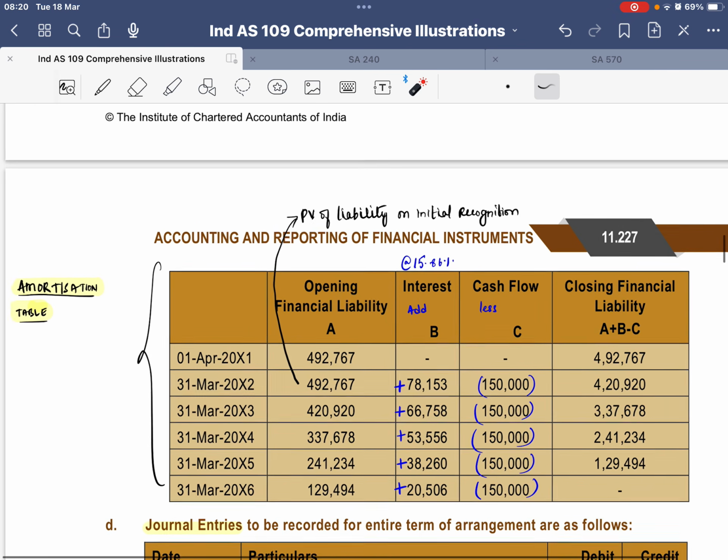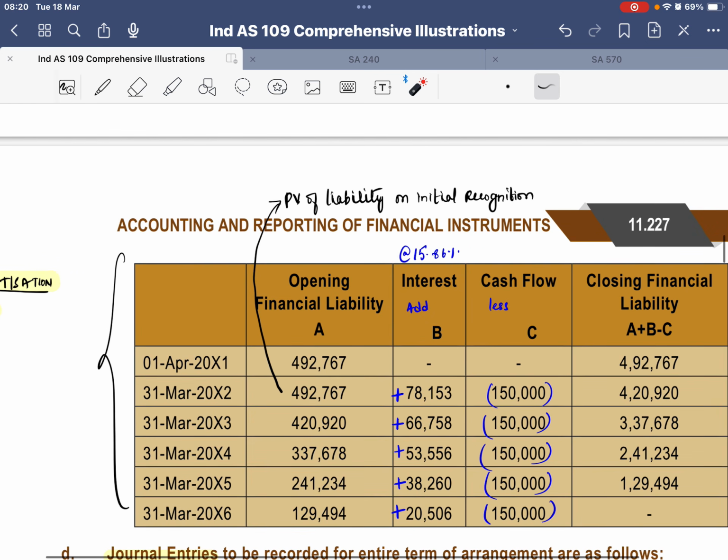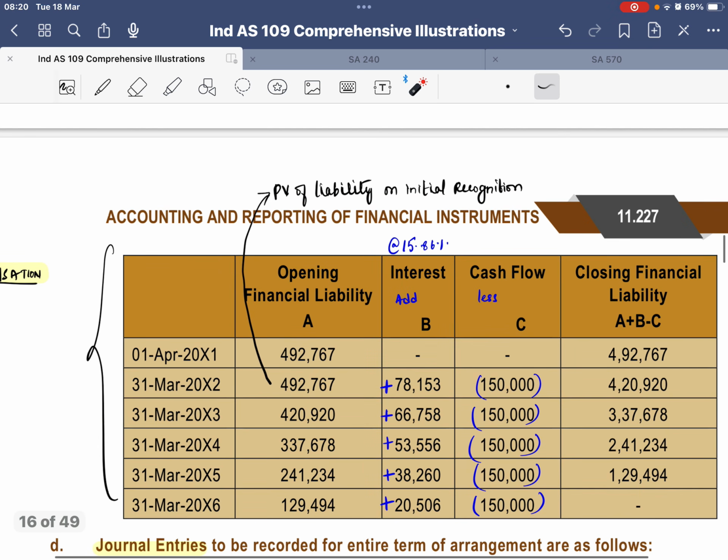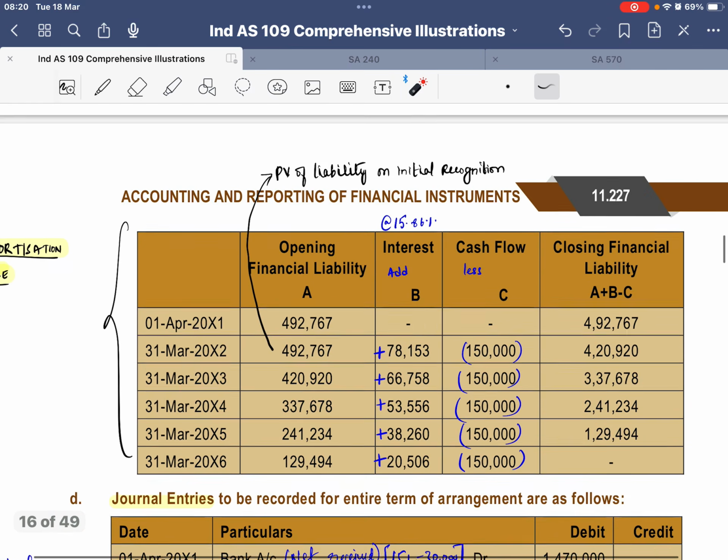Amortization table. This is the present value of liability on initial recognition. Add interest at EIR 15.86% minus cash flow, that is the dividend paid 1,50,000, which gives closing financial liability. The same process is repeated for all the years.